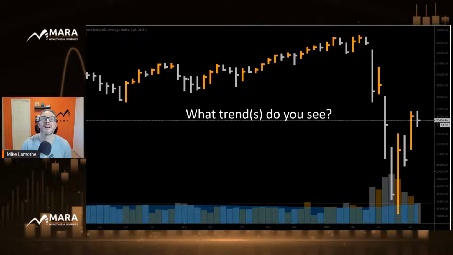sideways and up. So part of what we want to try to figure out too is for what duration, right? What duration are we looking at? There's a variety of trends that we might be able to see on here, right?